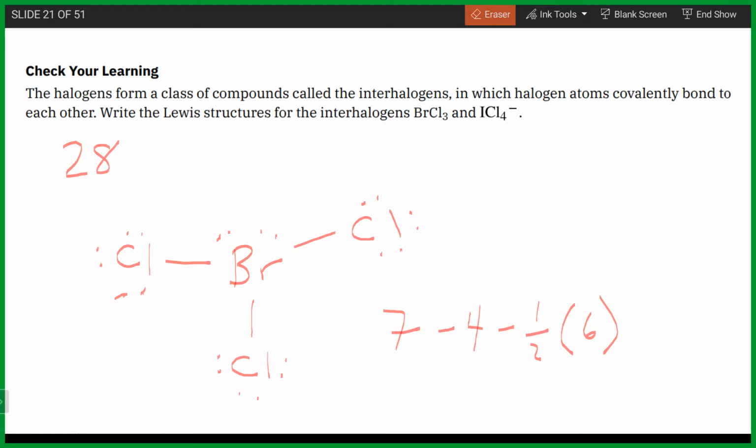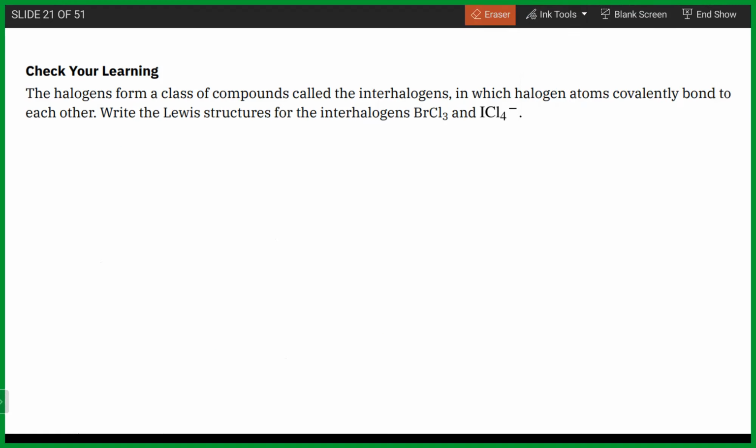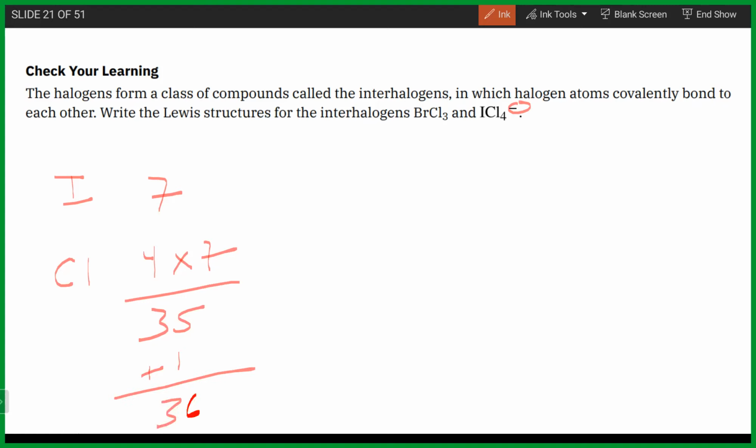And then the final one we'll look at here, ICl4 with a -1 charge. But we'll end up with 35 valence electrons. But because we do have that negative charge, we'll add 1 more and get 36. So then we'll have iodine in the middle.